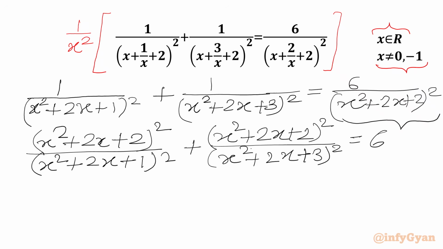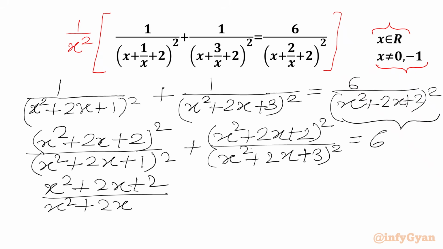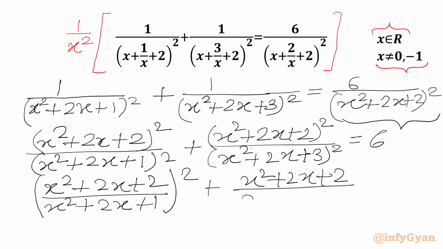Denominator will get over. Now we'll use one exponent property and write the equation: x square plus 2x plus 2 over x square plus 2x plus 1, whole square, plus x square plus 2x plus 2 over x square plus 2x plus 3, whole square, equal to 6.